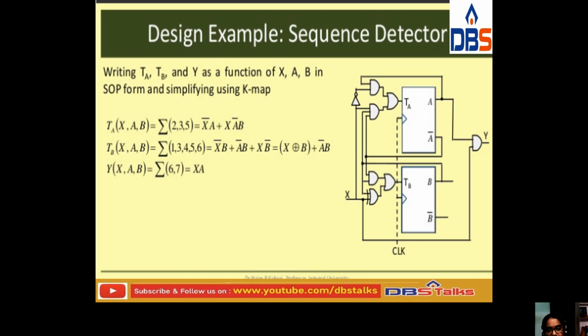By simplifying that expression we get x XOR b plus a bar b, that is the expression we get here. If we consider this as our output y, then the output of x, a, b is the sum of sigma of 6 comma 7, that is x a.